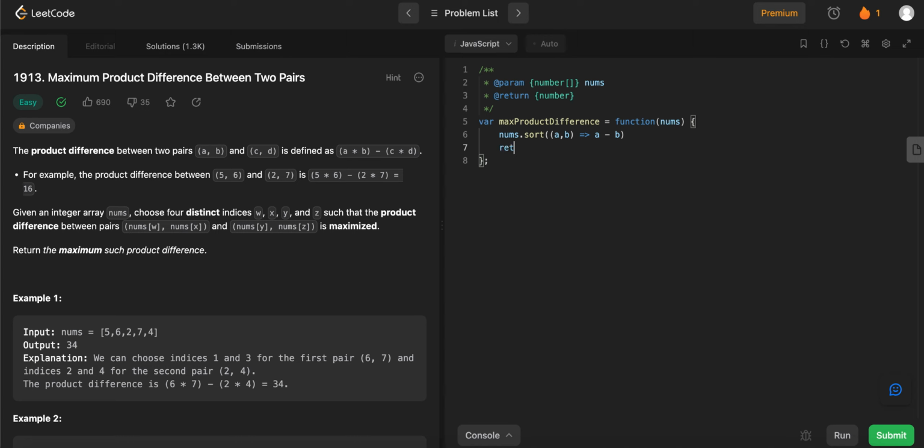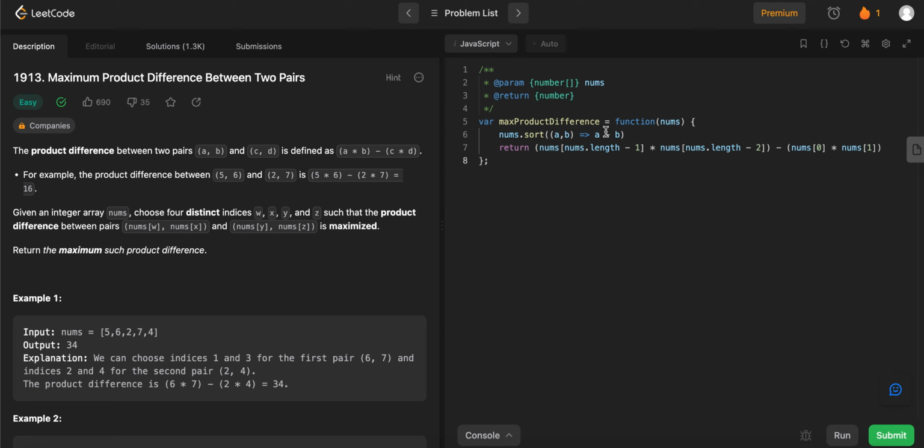And then we'll return nums at the index of nums.length minus 1 times nums at the index of nums.length minus 2. And then we're going to take that value and subtract it by nums at 0 times nums at 1.